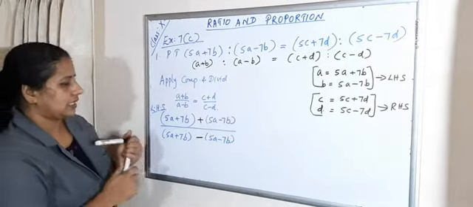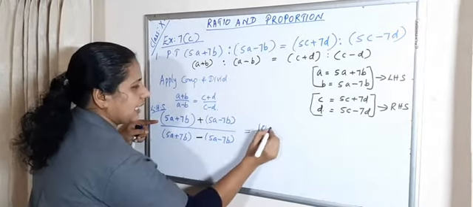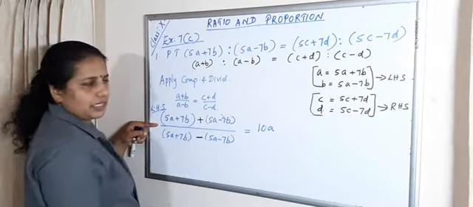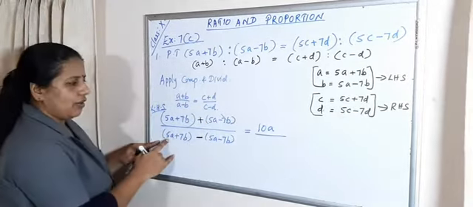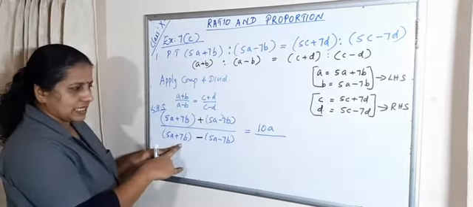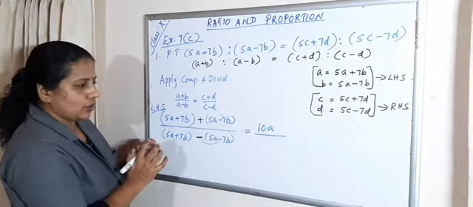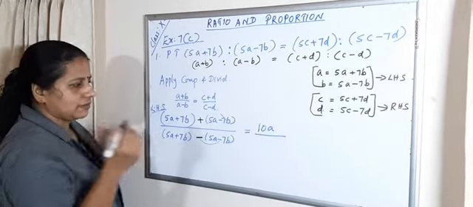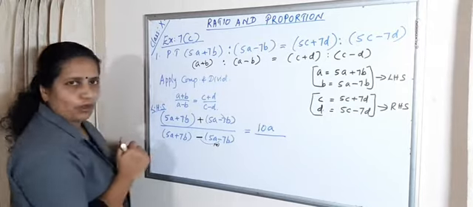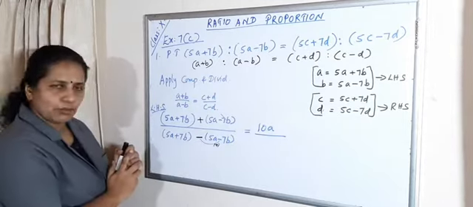Next, that is equal to, what is 5A + 5A? 10A. Plus 7B minus 7B is 0, divided by 5A minus 5A, that is equal to 0, plus 7B minus of minus 7B. What is minus of minus? If two same signs come together, they will make a bond and it will always be positive.